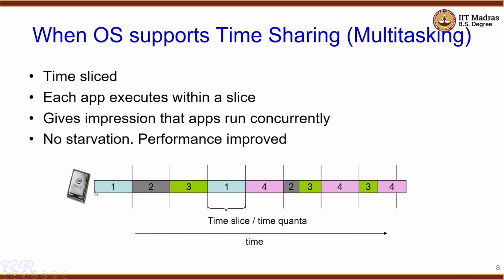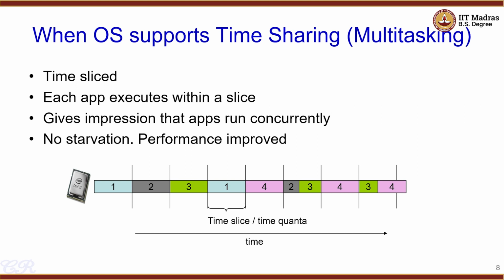So what it would mean is that app 1 executes for some time, it stops over here, and then sometime later the OS gives it another opportunity to execute, and it can continue its execution for another time slice. So your entire time on your computer is essentially split into such quanta, and each quanta is given to a particular application.